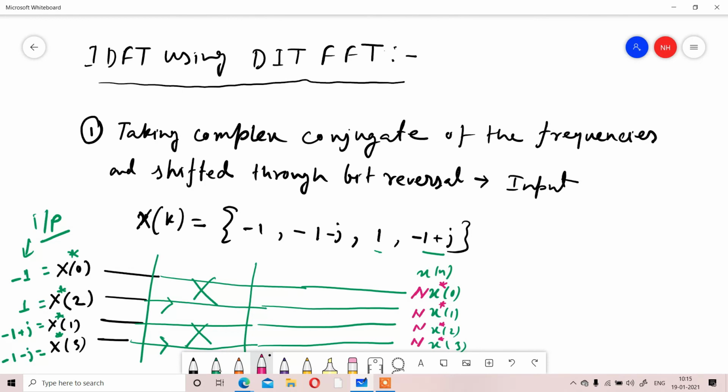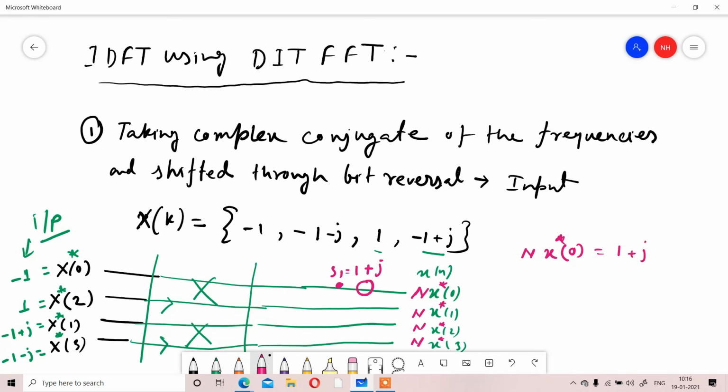After calculating, suppose in x0 star you are getting 1 plus j.